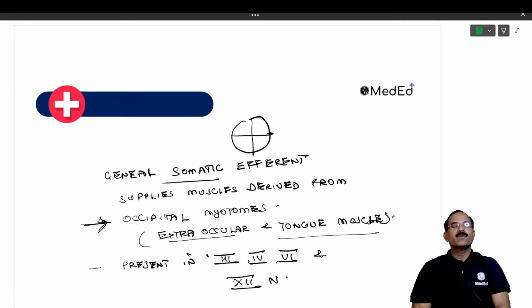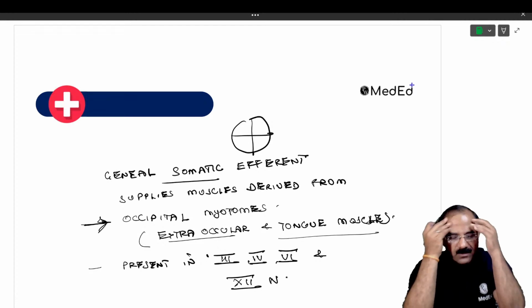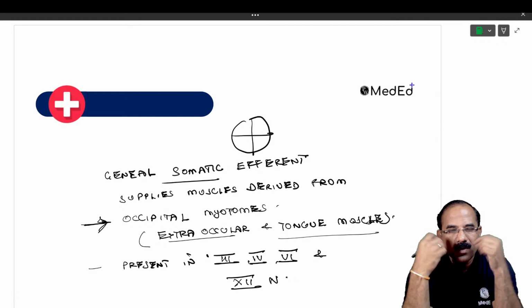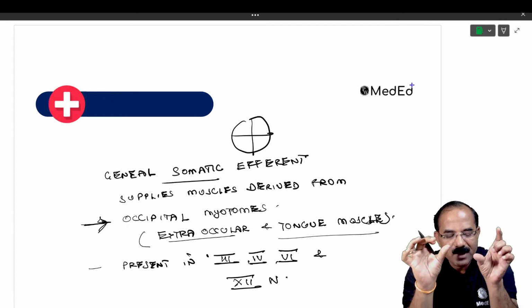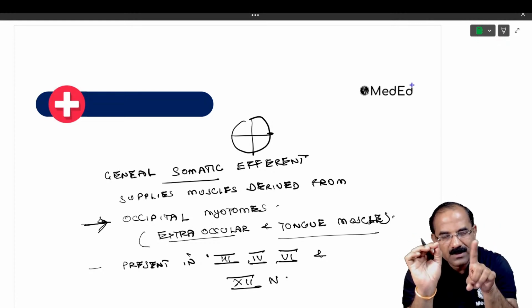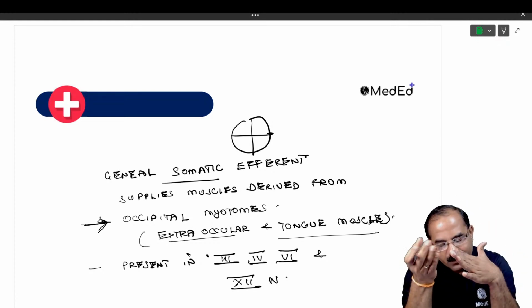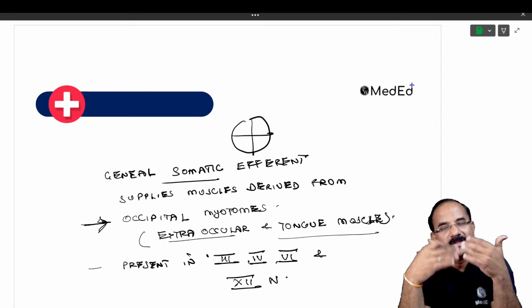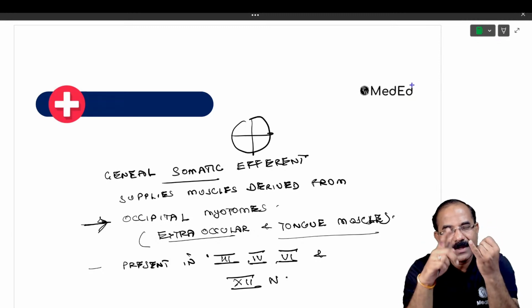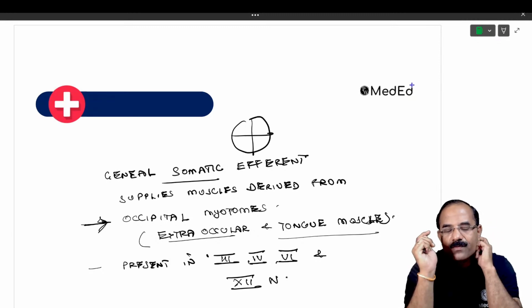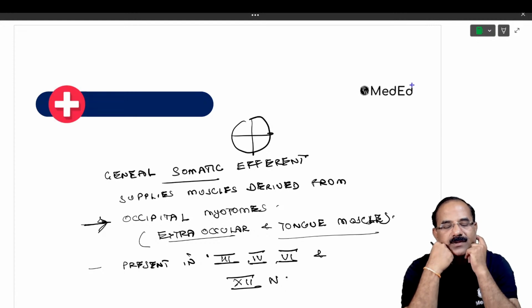Hypoglossal nerve, very good. Extraocular muscles, muscles of the eye, who supplies them? All the muscles of the eyeball are supplied by which nerve? Third nerve, except lateral rectus, which is supplied by the sixth nerve, and the superior oblique, which is supplied by the fourth nerve. So the nerve supply of extraocular muscles is the third, fourth and sixth nerves. So the third, fourth, sixth and twelfth nerves.